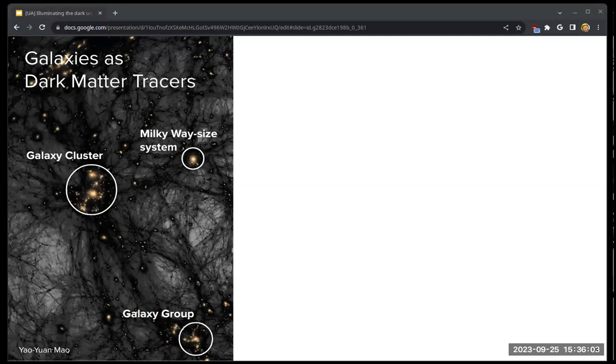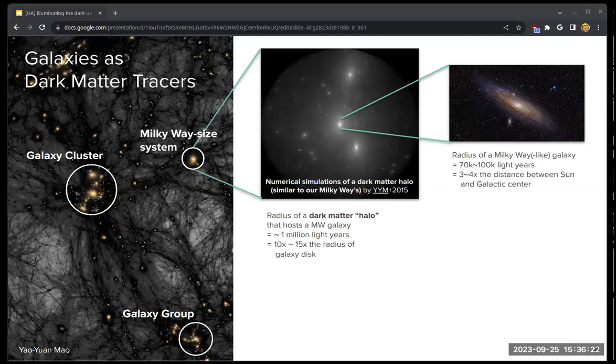You can have slightly smaller galaxy groups, where the dark matter component could have like 10 to the 13 solar masses. You also have a bunch of galaxies living there, and then you can have a slightly smaller one, which has the Milky Way size system. The dark matter content there is about 10 to the 12 solar masses.